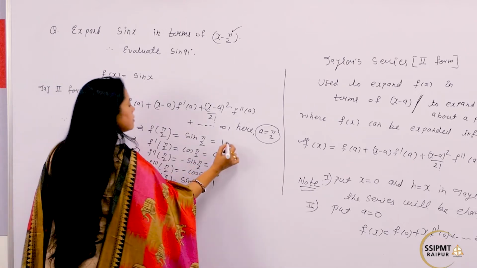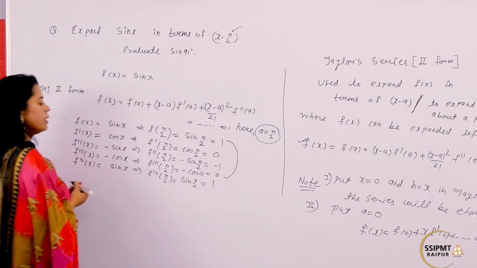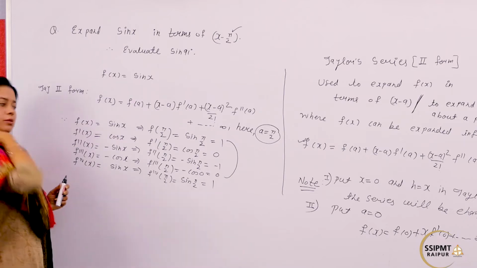So we have a cycle of 1, 0, minus 1, 0 for this question.